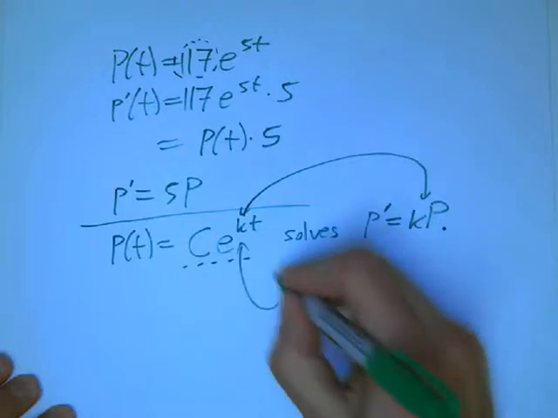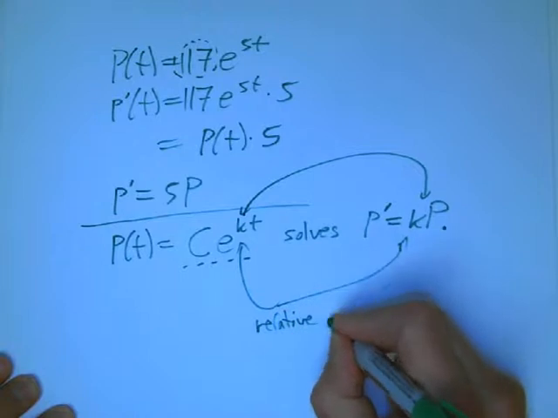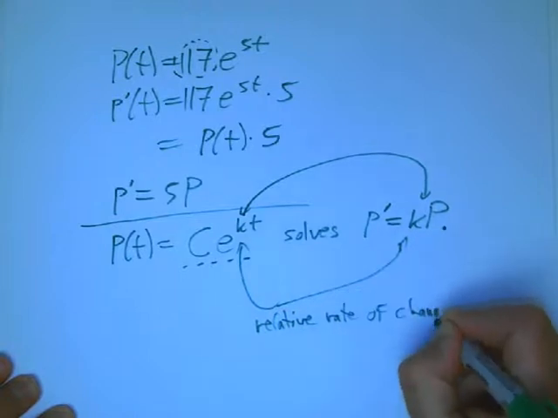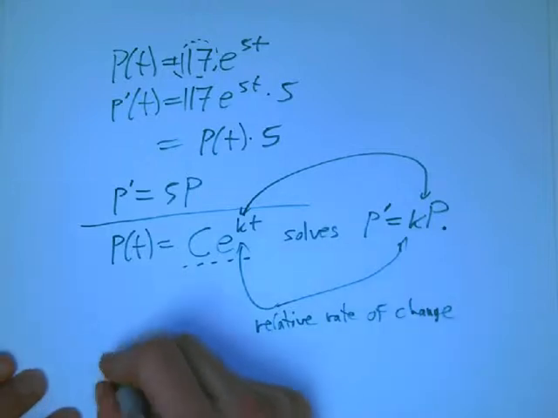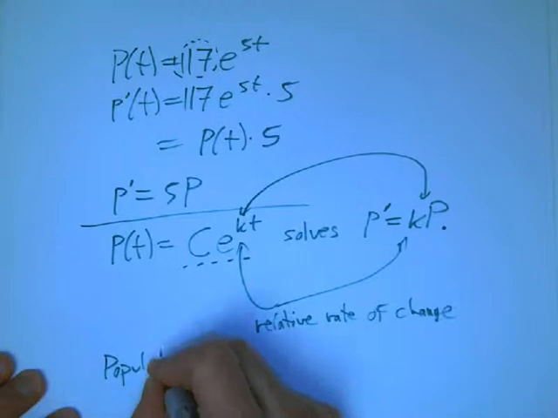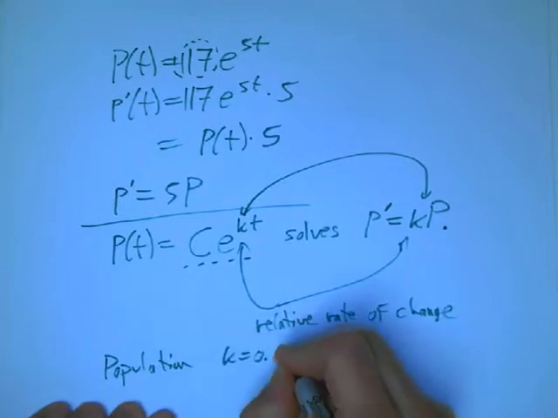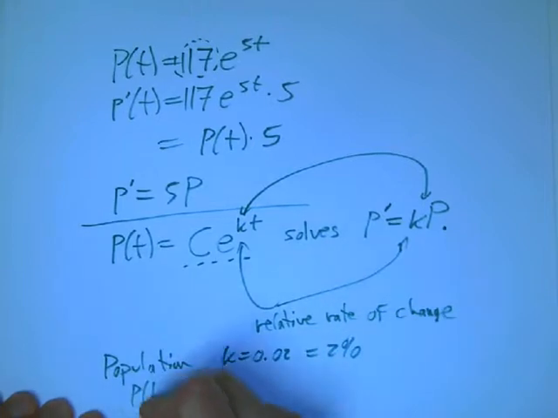So the thing that goes in front of the k is exactly this guy. So those are both that relative rate of change. I was saying growth, that's if it's positive. Again, it's decay if k is negative. We'll explore that. So back to our example, that population example we started in the first video, k was 0.02, 2%.